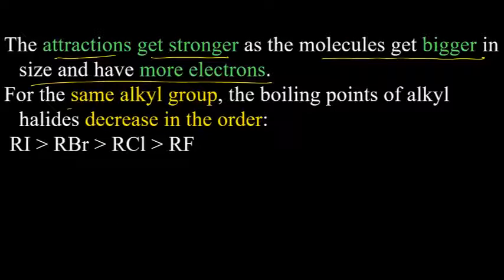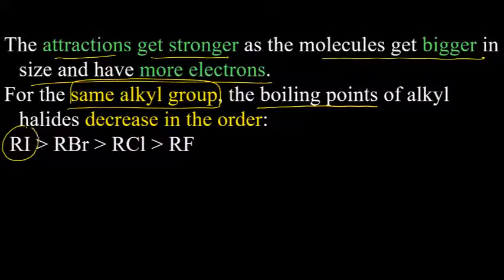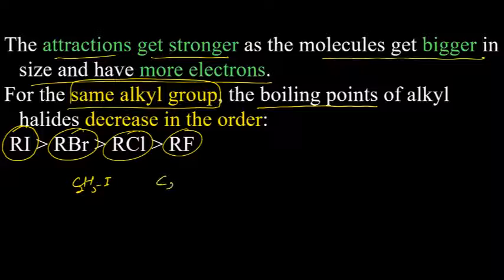For the same alkyl group, and remember we are talking about boiling point only, the boiling point of alkyl halides decreases in this order. Means the boiling point of iodides is greatest, then bromide, then chloride, then fluoride. The alkyl group is the same. So for example, C2H5I, then C2H5Br, C2H5Cl, C2H5F.